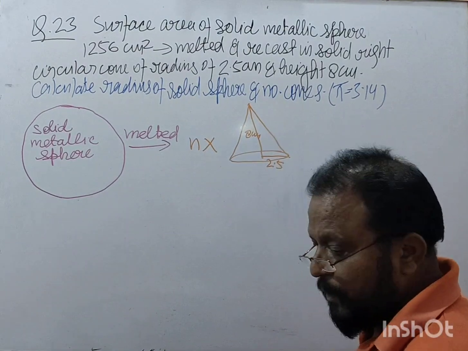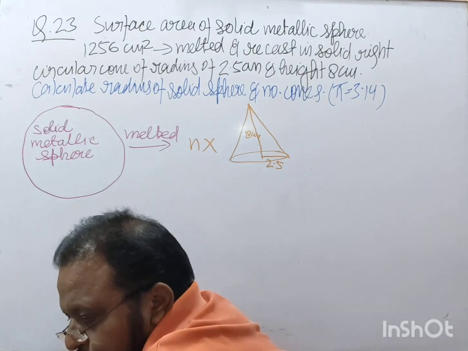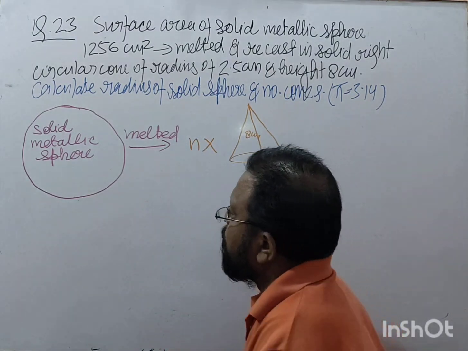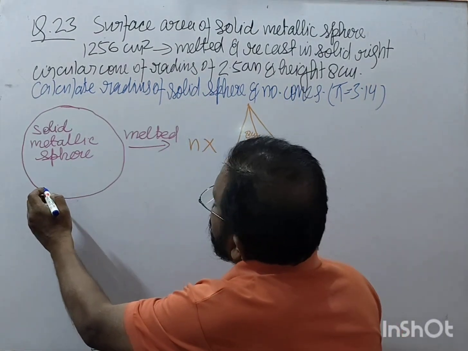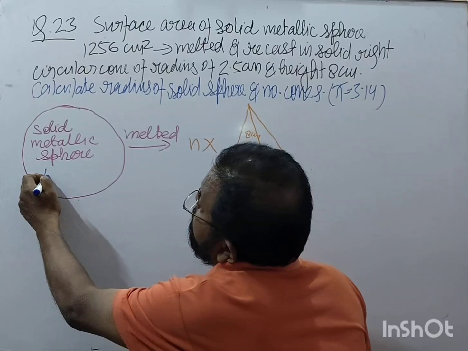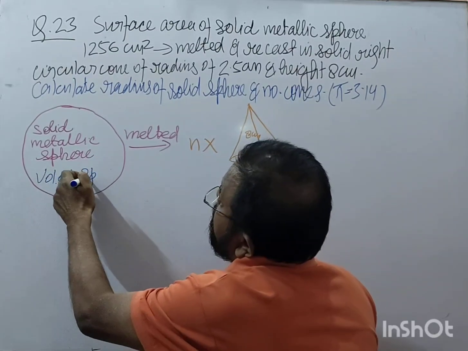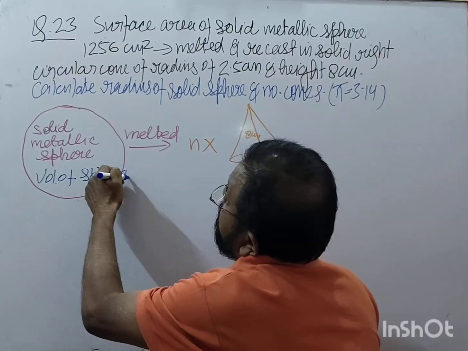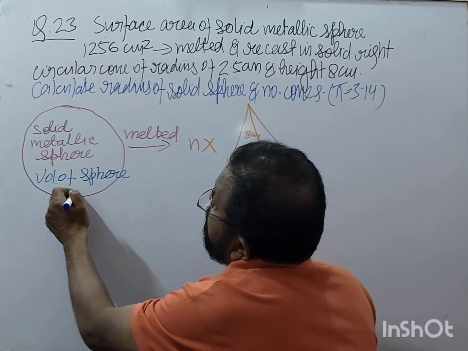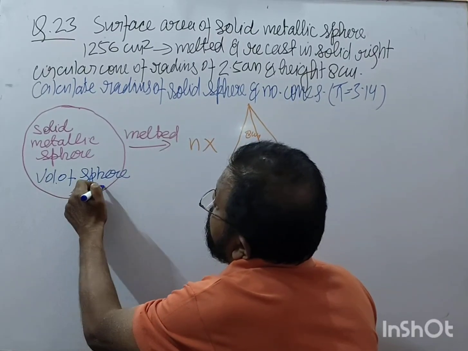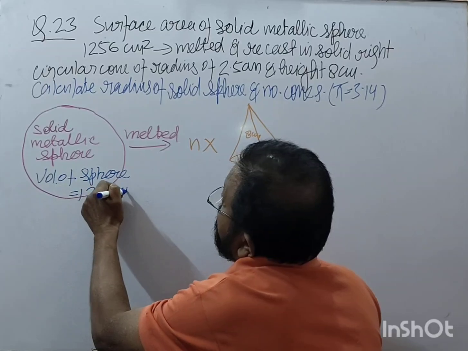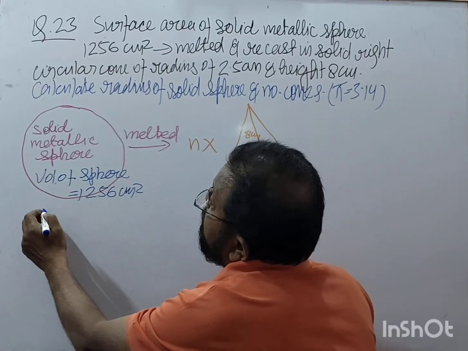Right. So first we have to find the volume of the sphere. Sorry, the surface area of the sphere is 1256 centimeter square.